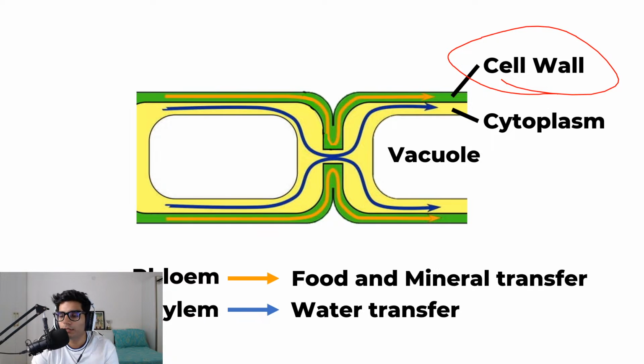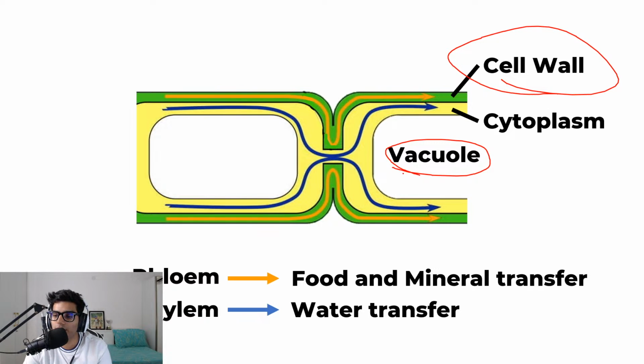So that is the cell wall. Then there is a vacuole. We know about this. That's the empty, container-like space inside which anything can be stored. Basically it's just a storing unit. Just like we have a stomach, they have a vacuole. Then we have xylem, then we have phloem.